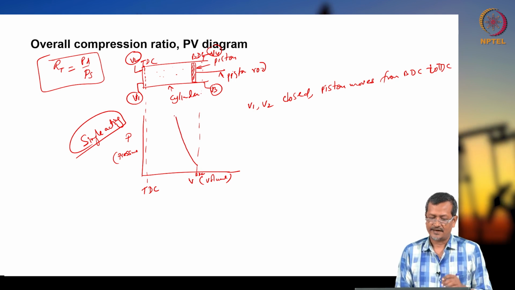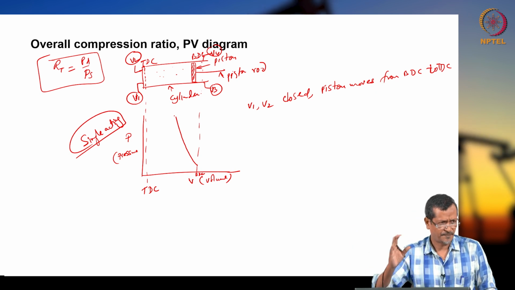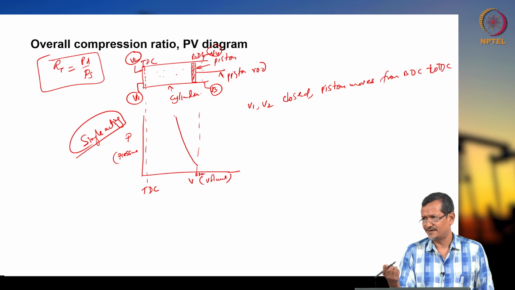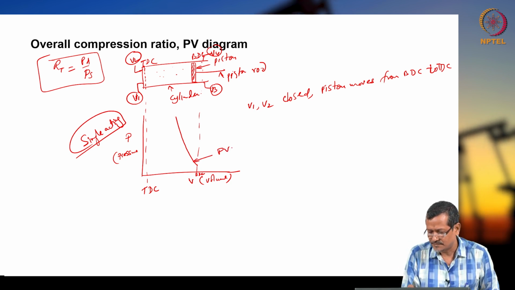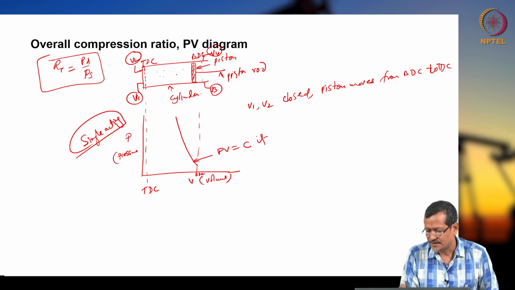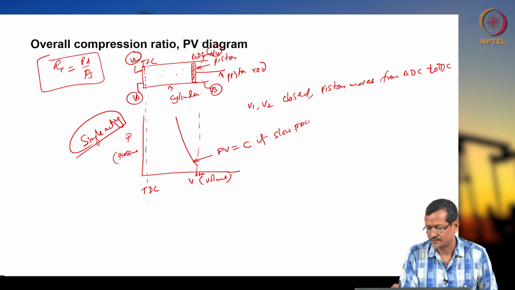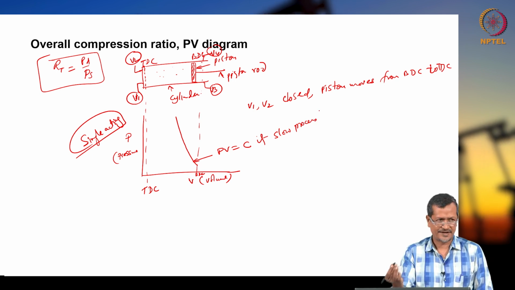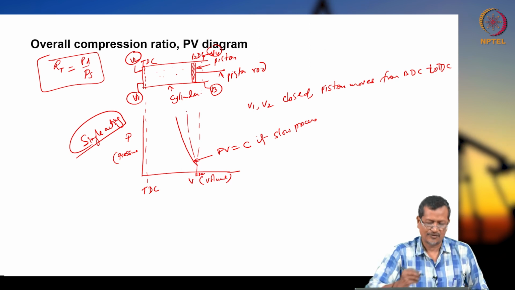If you are compressing at a very slow rate, all the compression heat generated will be dissipated. So in that case, it will be PV equals constant, if it is a very slow process. If it is a very fast process, there is no heat transfer, then it will happen like this.